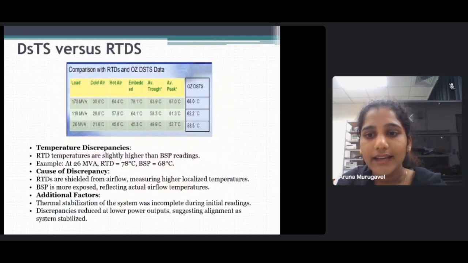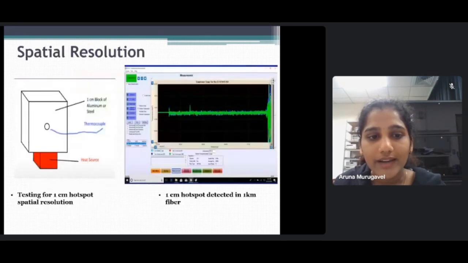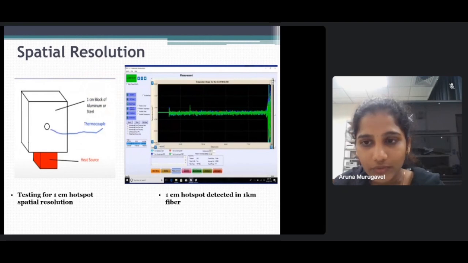This highlights the accuracy and reliability of fiber optic sensors in real-world scenarios. Spatial resolution is another key advantage. The sensors can detect a hotspot as small as 1 centimeter in a 1 kilometer fiber, ensuring precise localization of faults and enhancing maintenance strategies.